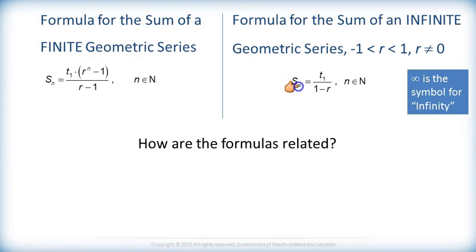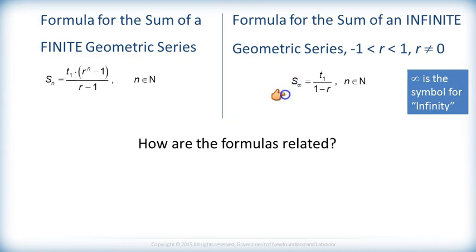The sum of an infinite number of terms is equal to T1, term 1, over 1 minus r, where n belongs to the natural numbers, provided the common ratio is between -1 and 1, and the common ratio is not equal to 0. Notice that this little symbol, which looks like a sideways 8, is the symbol for infinity. So that's what this symbol here means: the sum of an infinite number of terms.